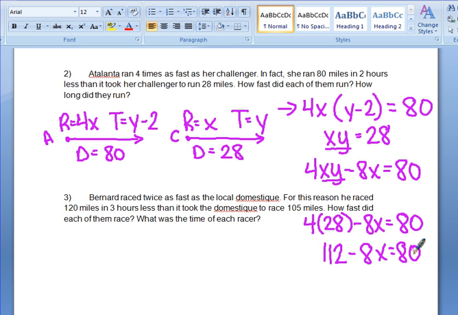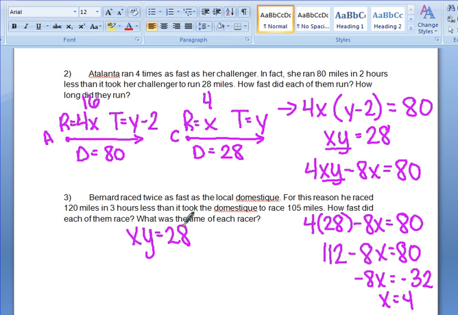If I subtract 112 from both sides, I'm going to have negative 8x equals negative 32, which means that x is going to be equal to 4. All right, so from there, we have found that the rate of the challenger was 4. Now, if her challenger ran at a rate of 4, then her rate would be 16 because it was 4 times as fast.